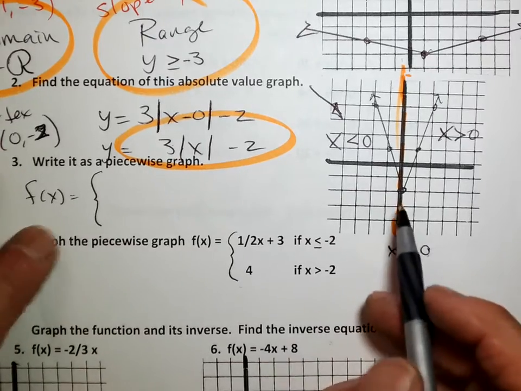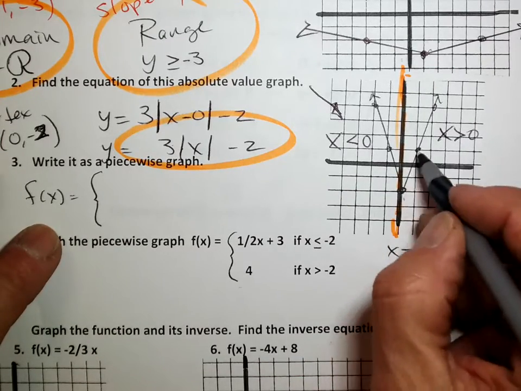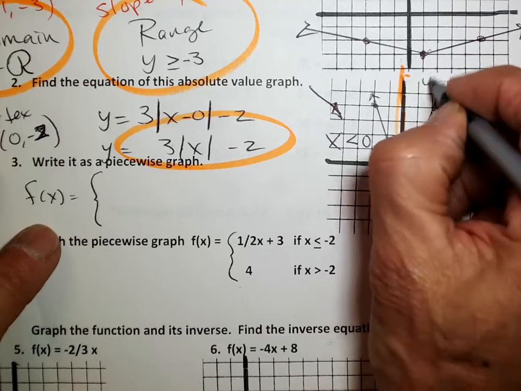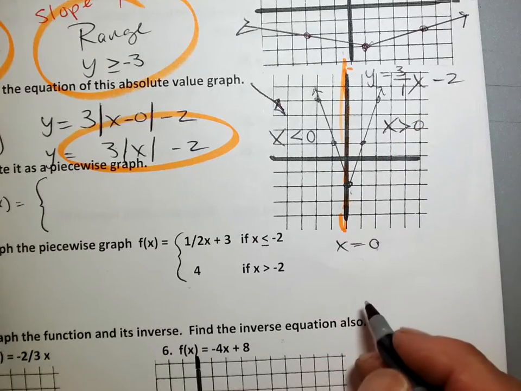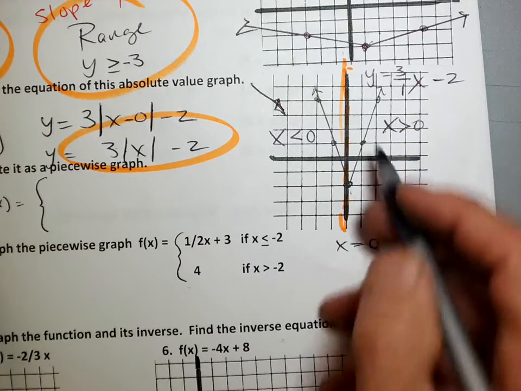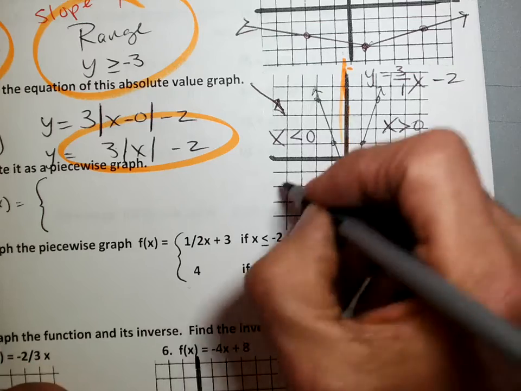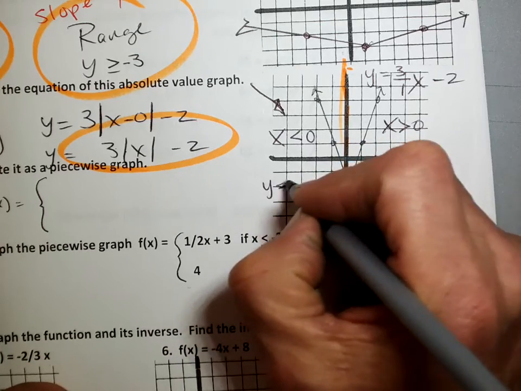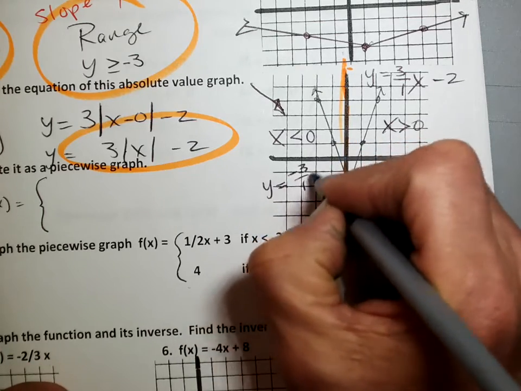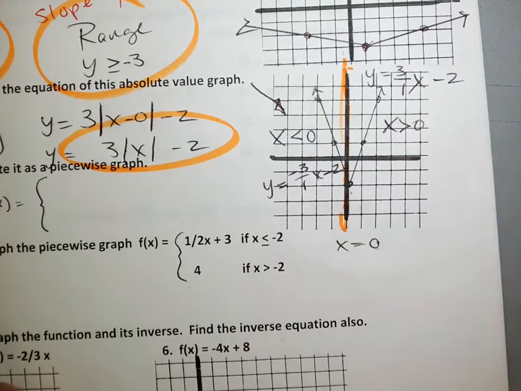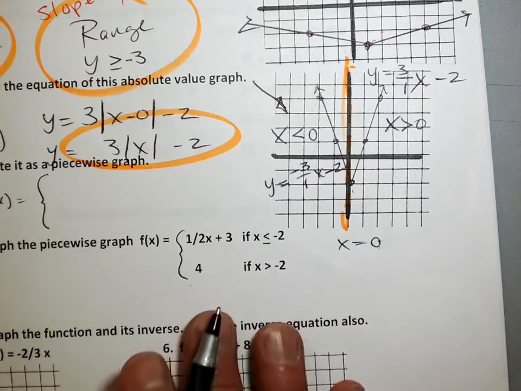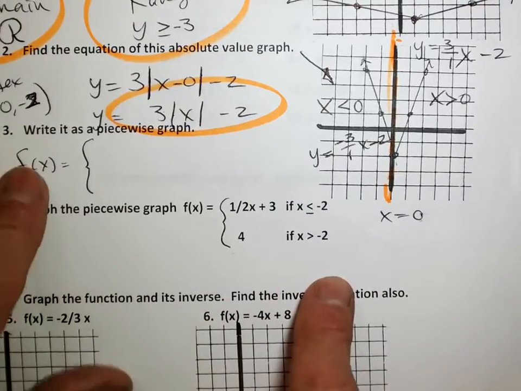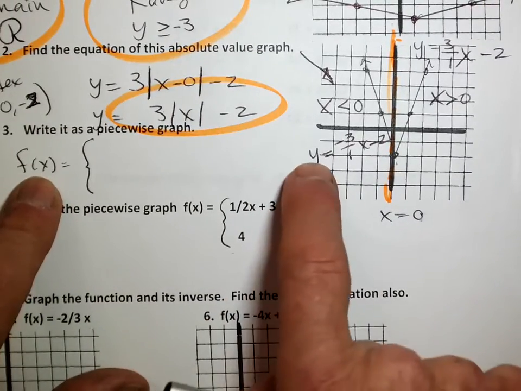So the first graph is up 3 over 1. So it's a y equals 3 over 1x minus 2. Second graph is down 3 over 1, so it's a y equals a down 3 over 1x minus 2. Okay? So those are the two individual graph equations, and so all I have to do is this, f of x and y are the same thing.